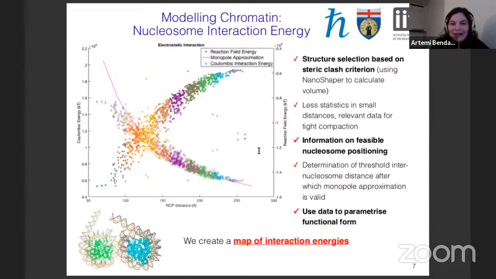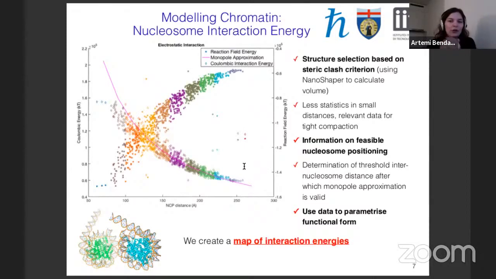So here in this plot, you may see some points that look like outliers, and that's actually what we thought in the beginning, but it turns out that these configurations that show a different energy than what we were expecting for their given position are actually particular configurations of linker DNA.